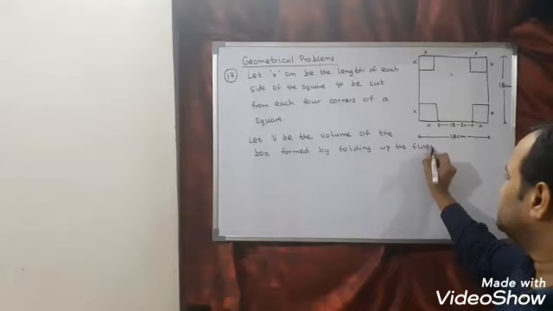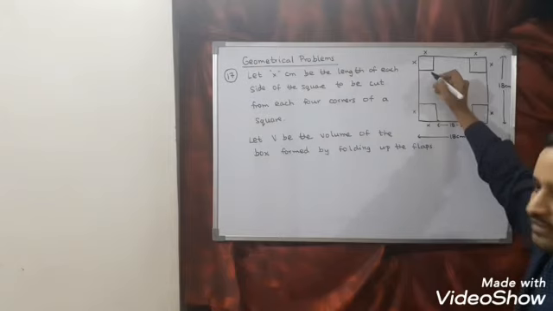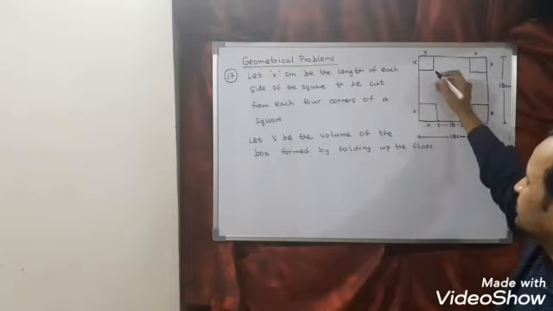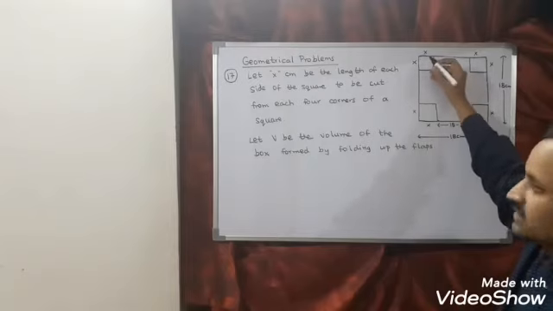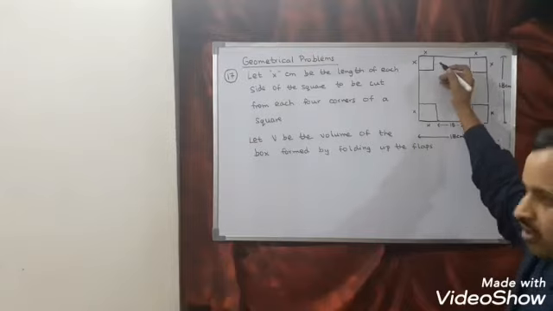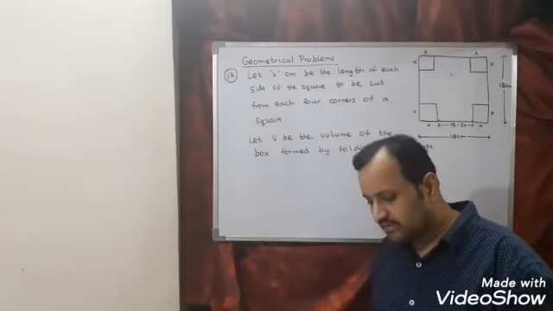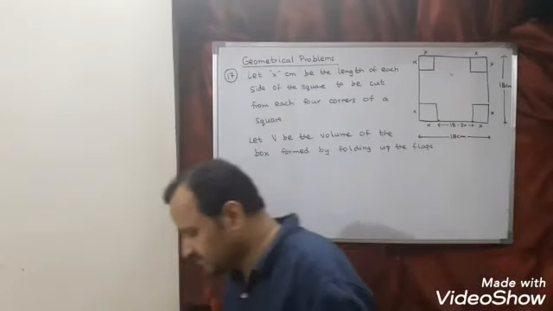What is a flap? If you remove the upper portion, a flap is nothing but an overhang, overlap, yes or no? So when you cut the square of each length to be x, it will form the box. So the question here is that the volume of the box is maximum.